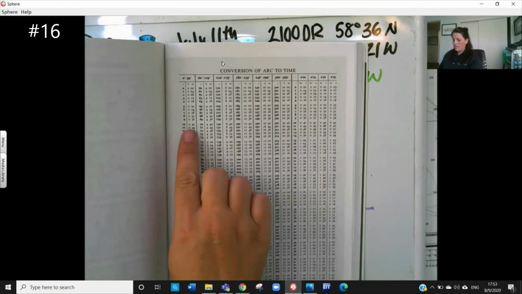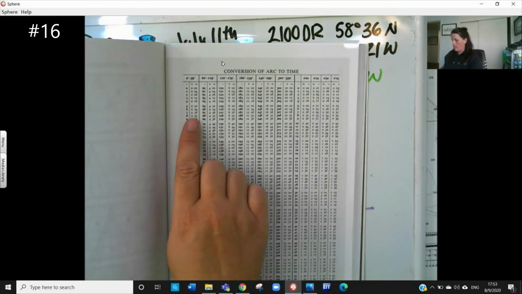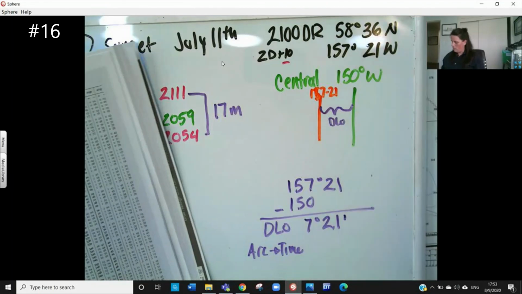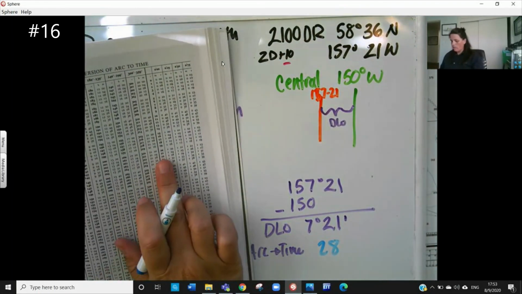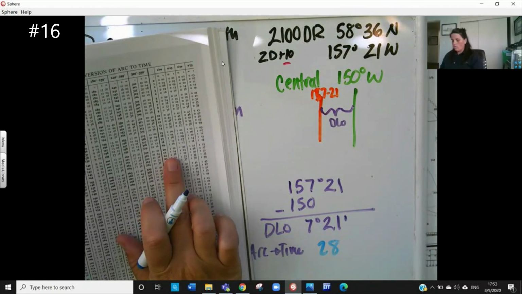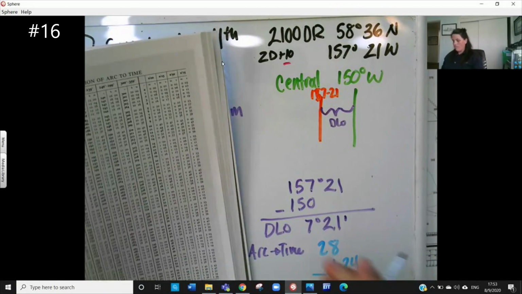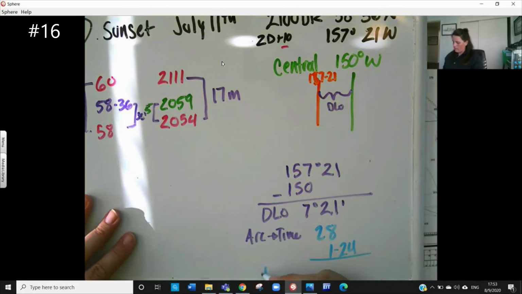Arc to time, our 7 degrees is going to be 28, and our minutes are 21, so 21 is even with 1:24. So our total time difference is going to be 29:24.